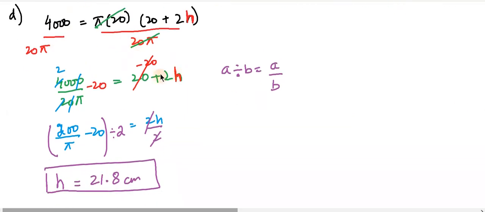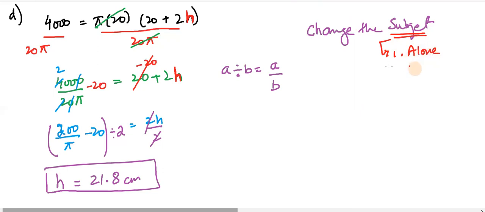Now, in all this process, more than anything, you use the basic skill of changing the subject. How do you change the subject? First of all, you need to make sure the following criteria are fulfilled for the subject. Number one, it should be alone on one side of the equality.